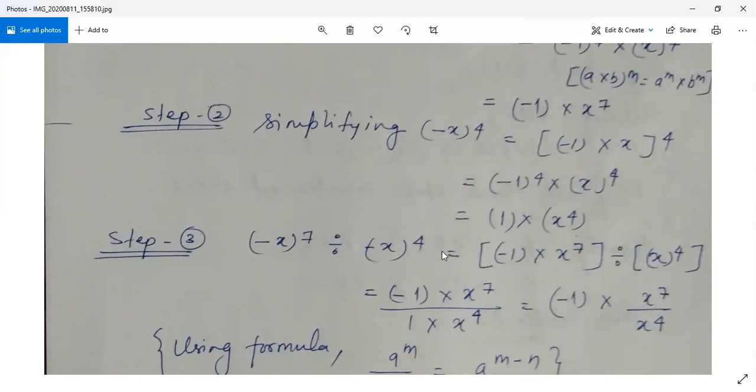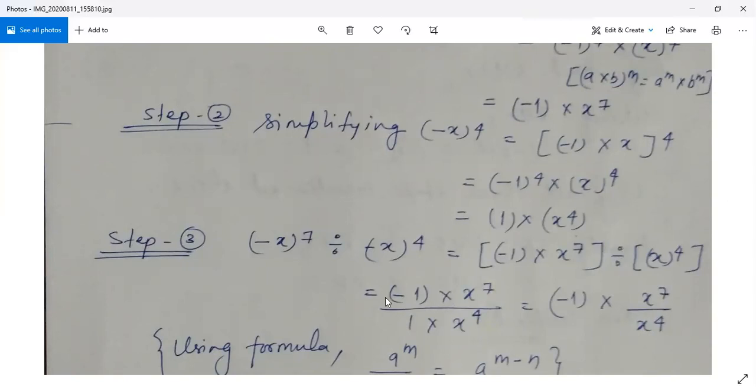This is the value we got from the first step: minus x to the power 7 as minus 1 into x to the power 7, which is divided by x to the power 4. This is the value of minus x whole to the power 4. So we can write it in this form also. Here it is written in division form.